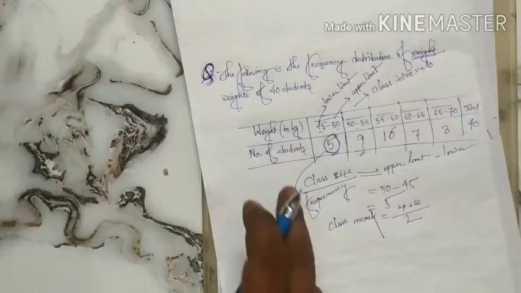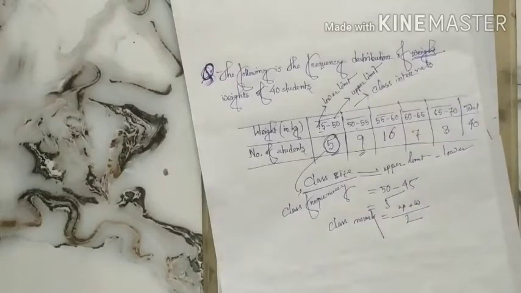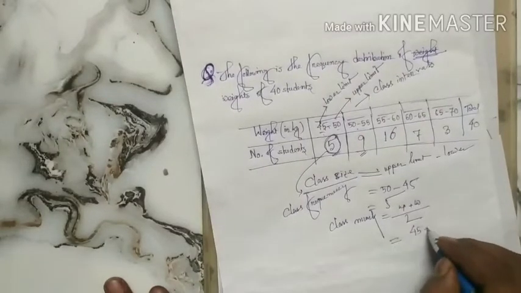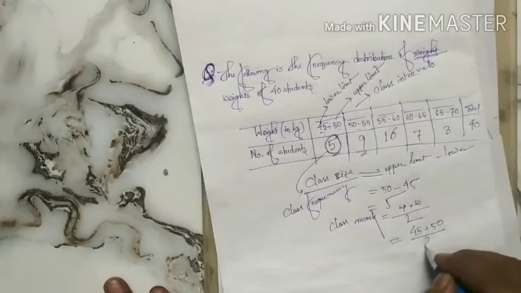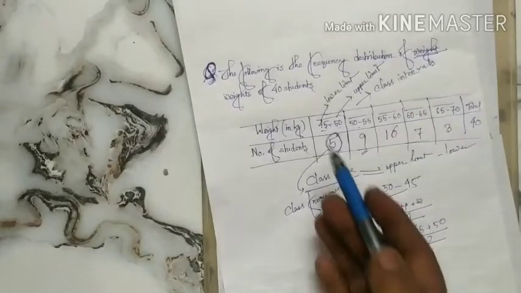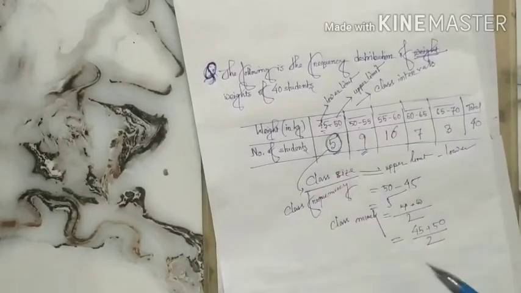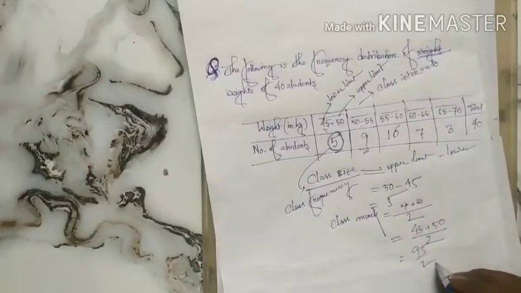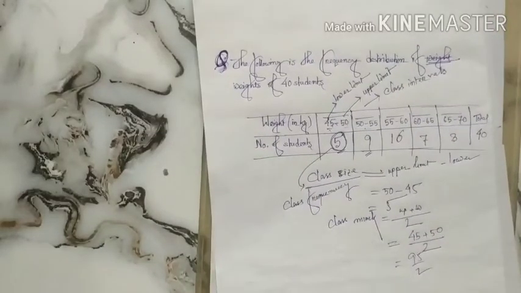If the question is the class mark of the first interval, it is 45 plus 50 by 2, that means lower limit plus upper limit by 2, so 95 by 2.